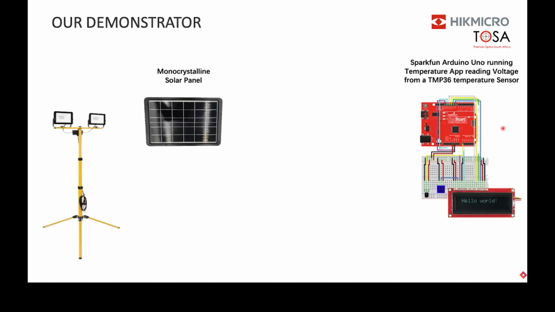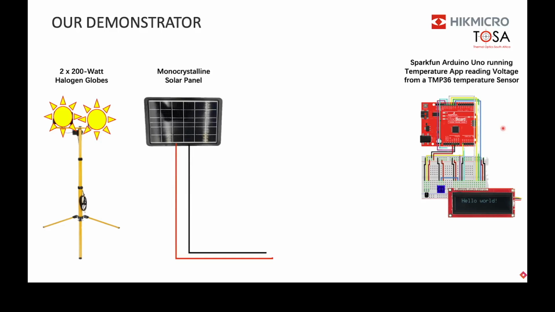On the other side of the room here, I've got two 200 watt halogen lamps, and these halogen lamps I'm going to switch on like I've just done, and that's going to obviously generate current. The solar panel is going to convert the light that's hitting it into a current.